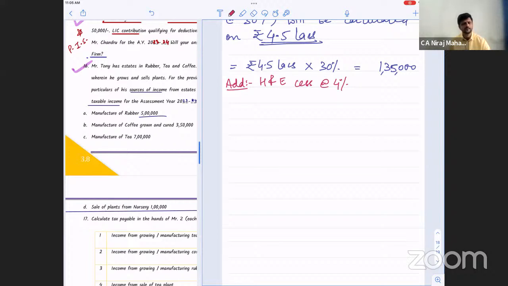We just simply add 4% cess. Correct? How much is this 4%? 1350 into 4. Is it 4,400 or 5,400?